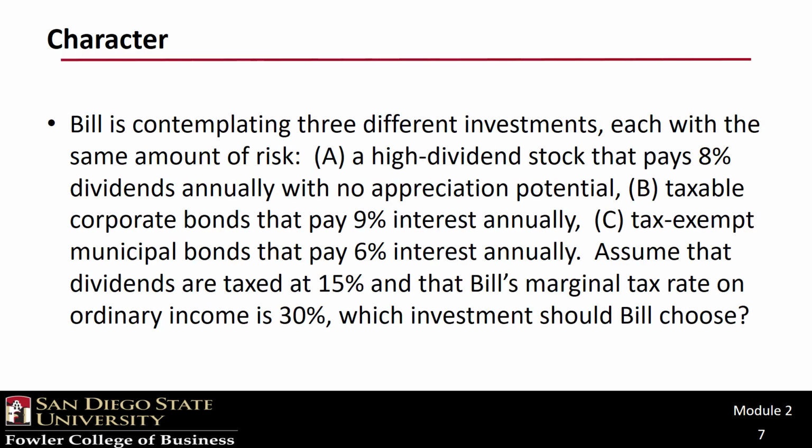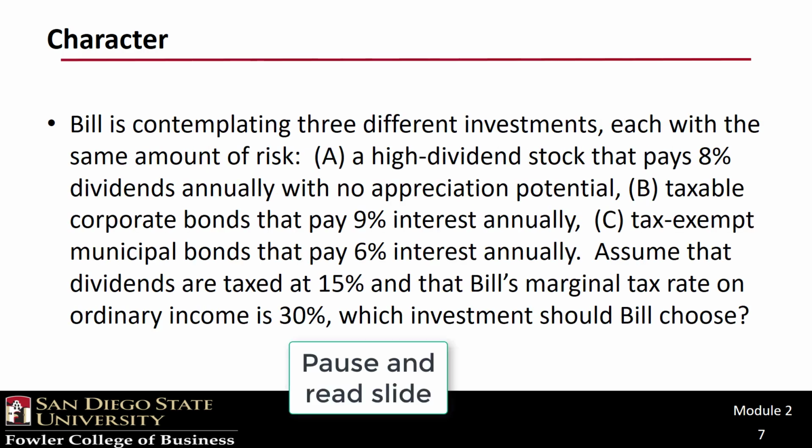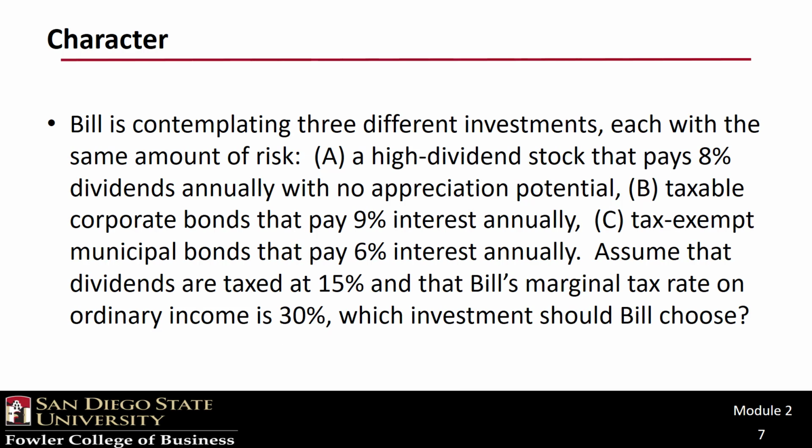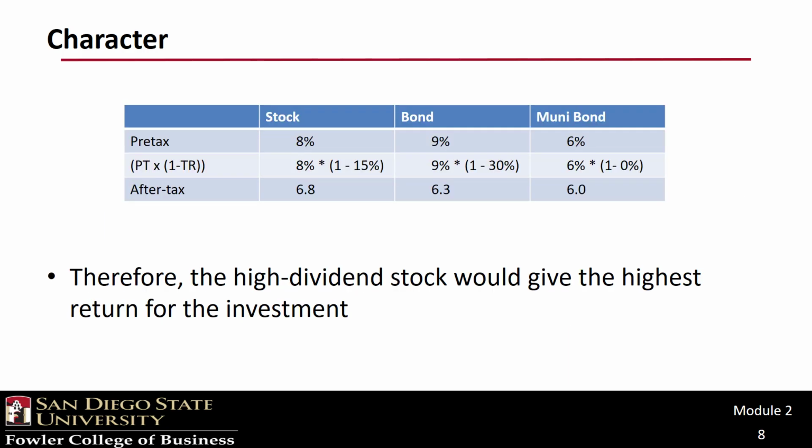Let's read about Bill. Bill has a choice of 3 different investments, and our job is the same as it has been all along: determine what is the after-tax return.